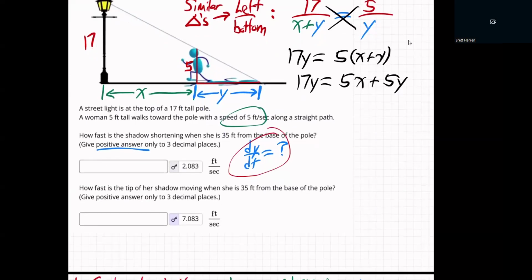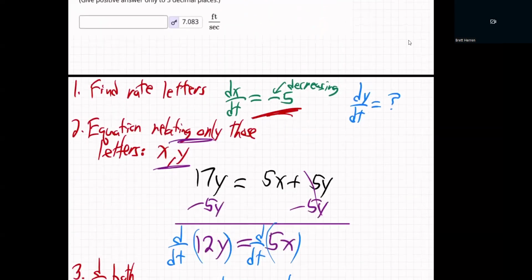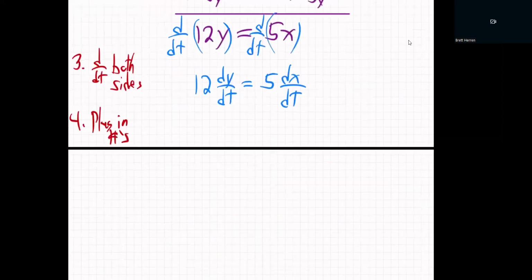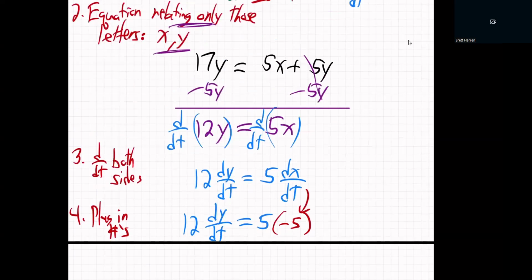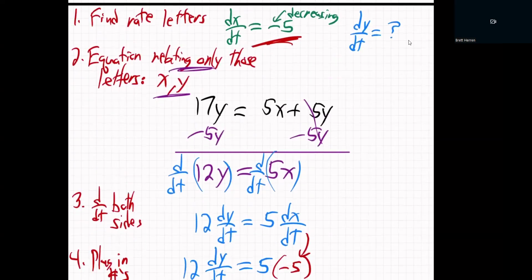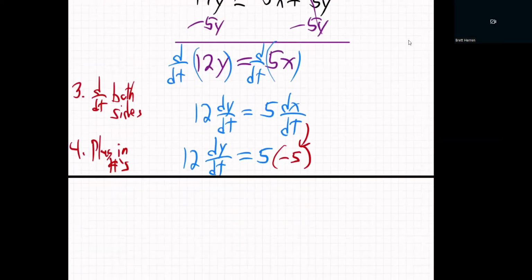Well, we're looking for dy dt, and we know dx dt is -5. Yep, right here. Looking for dy dt, dx dt is -5.